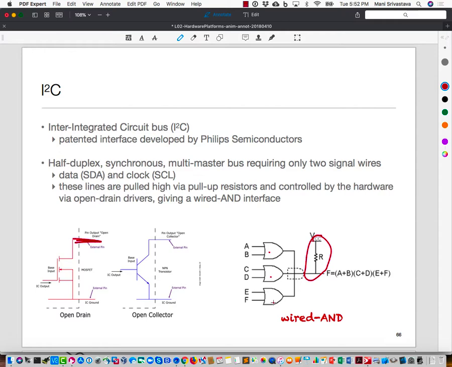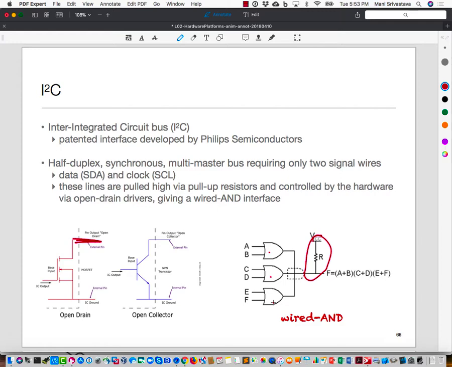So if all of these 3 were off, then this is pulled up. If even one of them is on, the downgoing transistor, then it will be pulled low, and therefore the voltage will become 0. Okay? Because this is a relatively high value resistance, and the transistor is essentially a short circuit, so it will just be pulled down. Okay? And some current will flow through it, but since R is very high, that current will be very low.